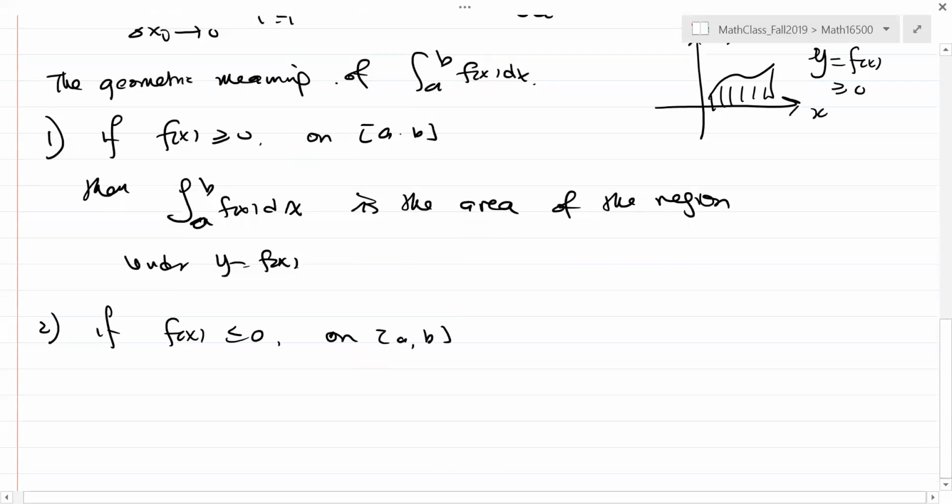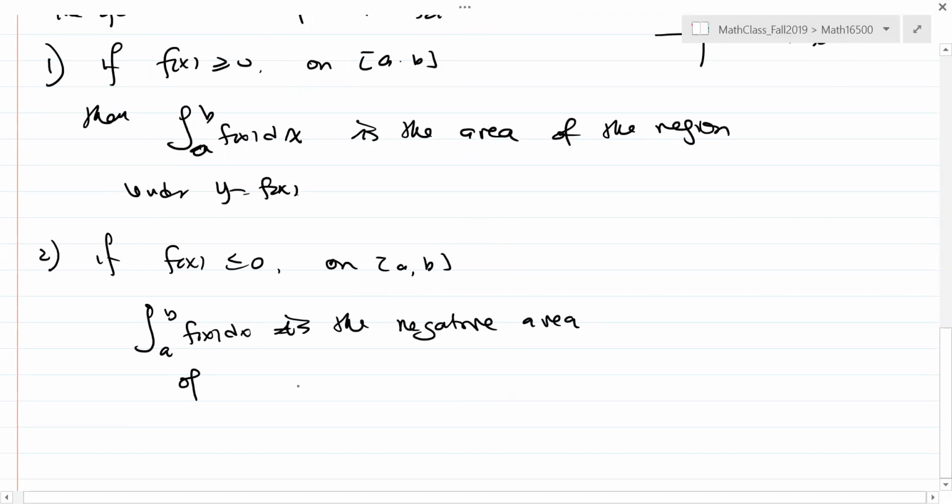So the integral is going to be the negative of the area of the region above the graph. It is going to be the negative area of the region above y equals f of x.